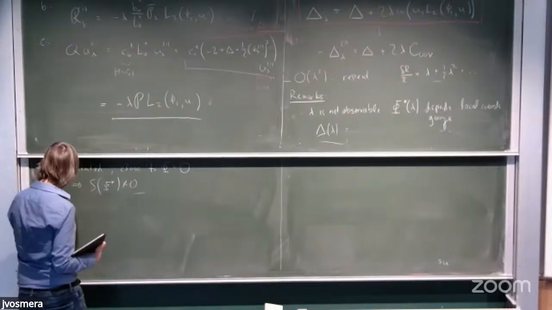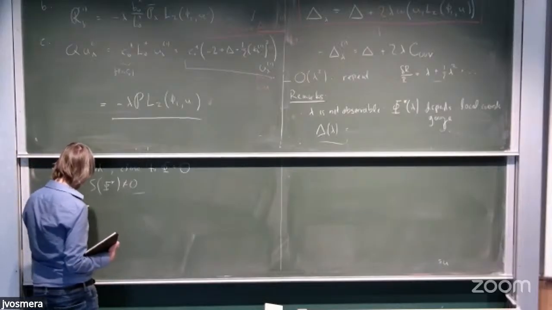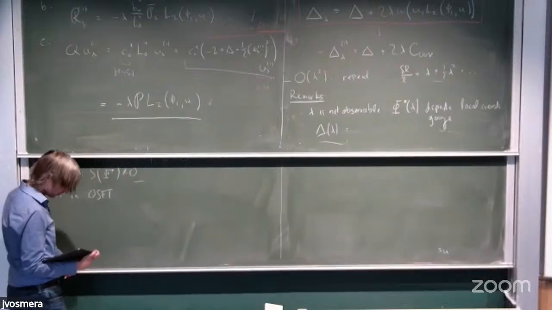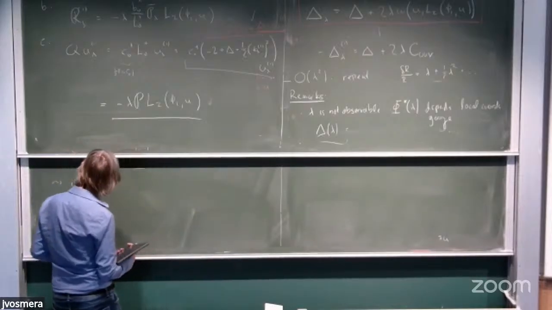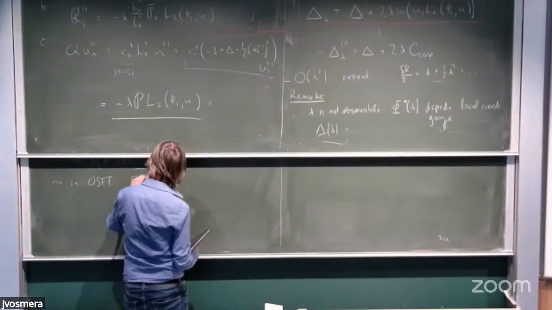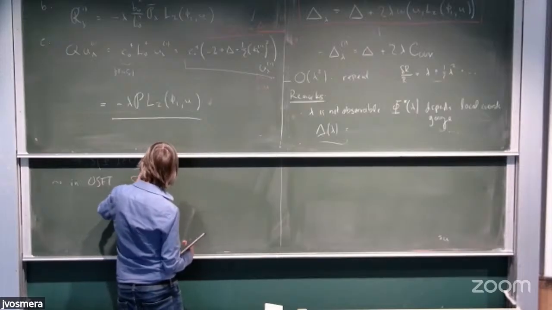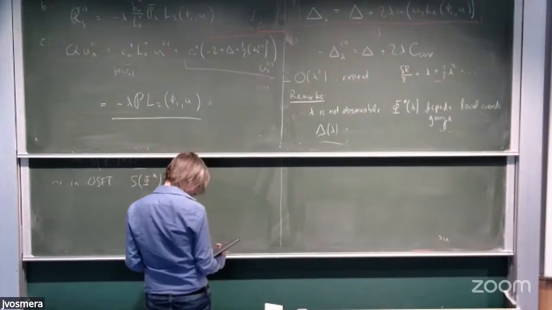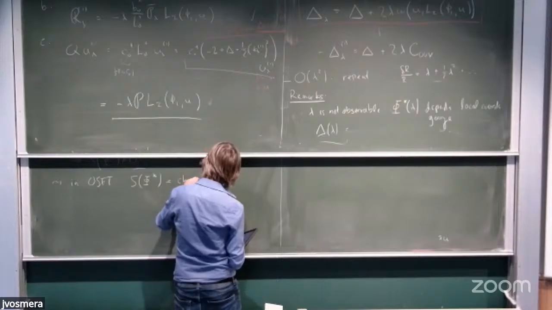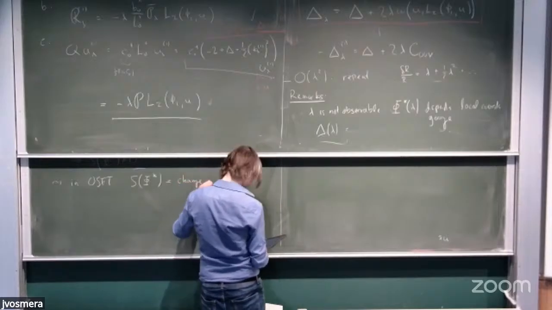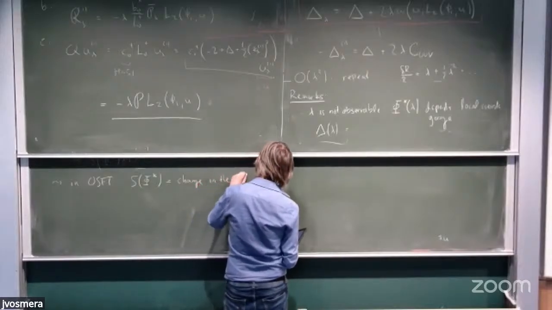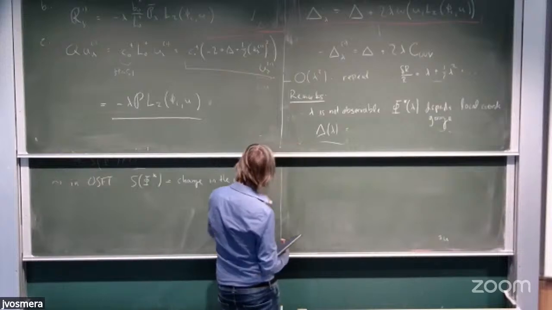On the other hand, in open string field theory, it is conjectured, and that conjecture has been widely tested and proved, that the value of the on-shell action should correspond to the change in the disk partition function of the worldsheet CFT. Here Z is the partition function.